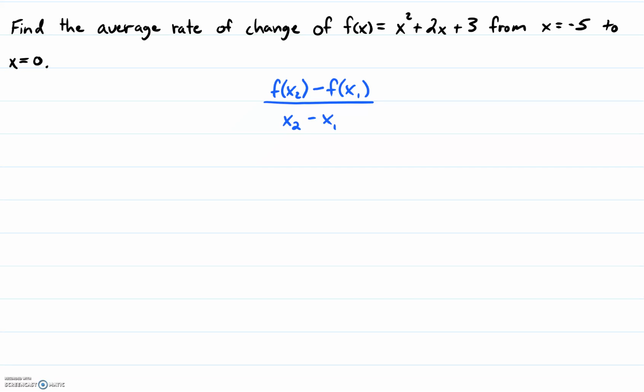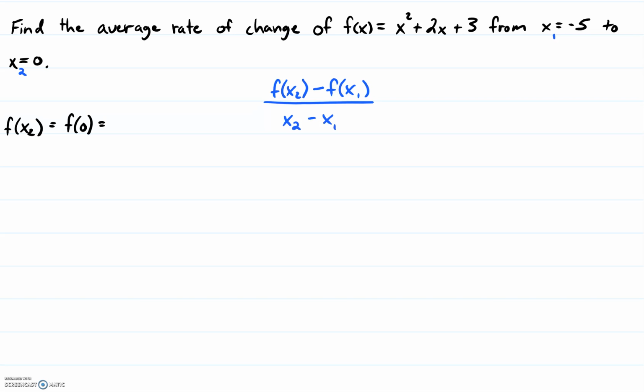So let's go ahead and label our x2 and our x1. So I'm going to call x equals -5 our x1 and x equals 0 our x2, because it's the first and second x value. And so now that we've labeled it that way, we can figure out the f of x2 and the f of x1. So the f of x2 is the same thing as the f of 0.